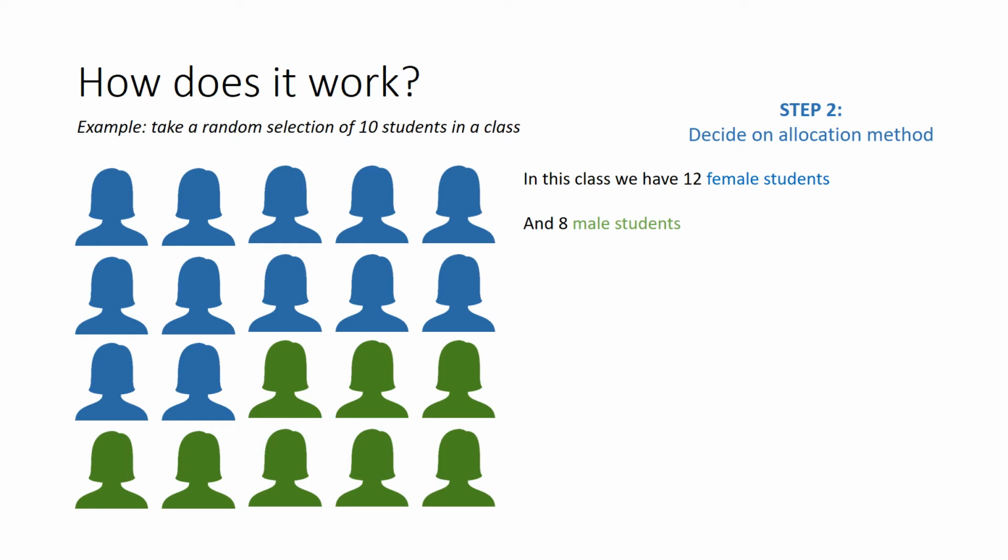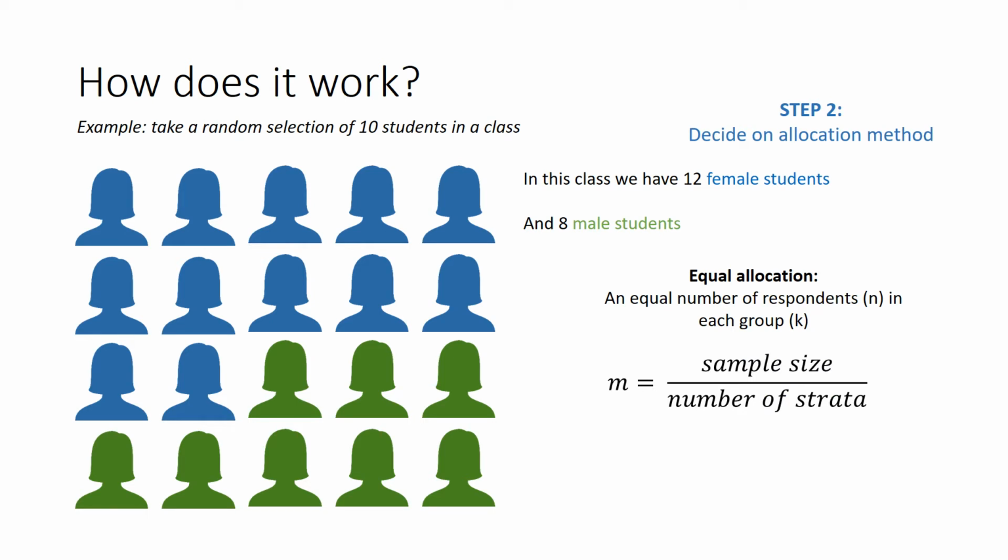Once we have decided what our strata are, we need to decide how the sample size will be divided across the strata. We could divide the number of respondents equally across the strata. This is what we call equal allocation. We simply divide the sample size by the number of strata to find the stratum size.